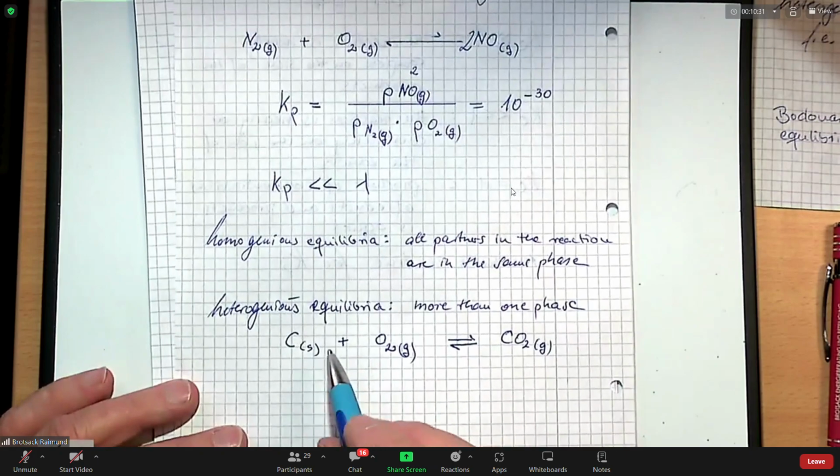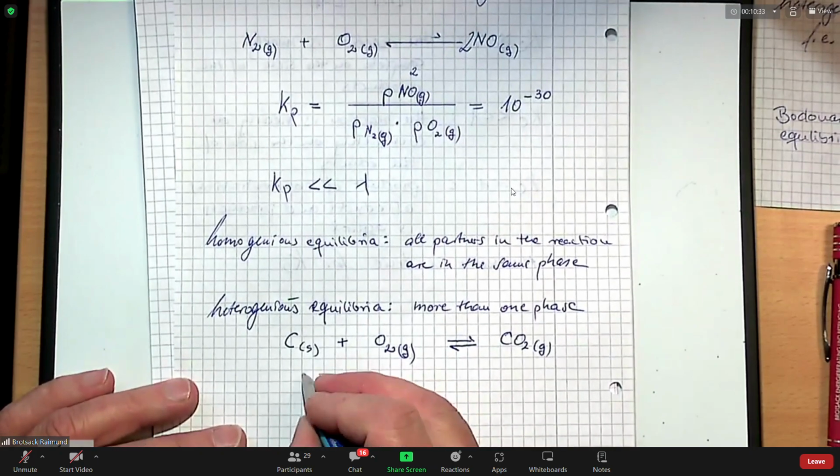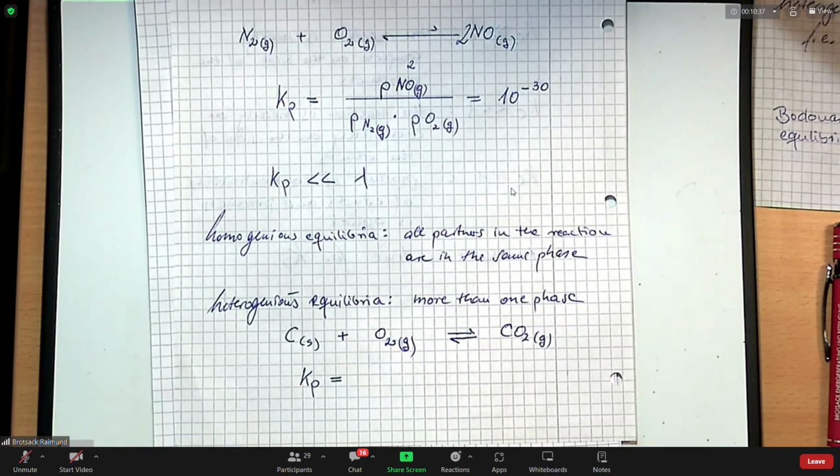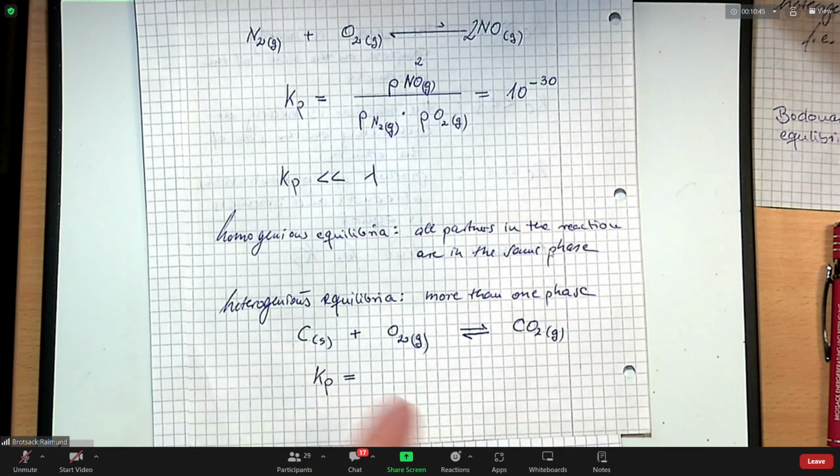If we have an example for this, the Kp has to be calculated in a slightly different way, because we cannot calculate a partial pressure of a solid material. We can only calculate the partial pressure of a gas.